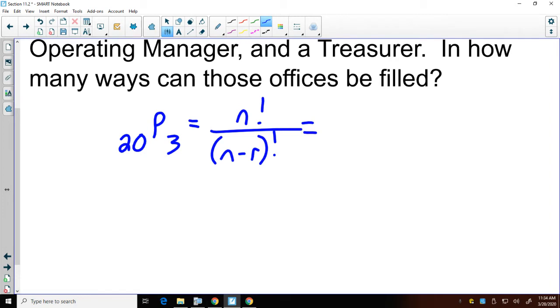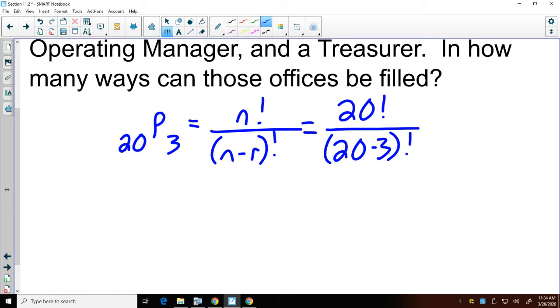So our n is 20, all over 20 minus 3 factorial. So 20 minus 3 is 17 factorial. Now here's what's interesting. Again, remember that this is all multiplication.